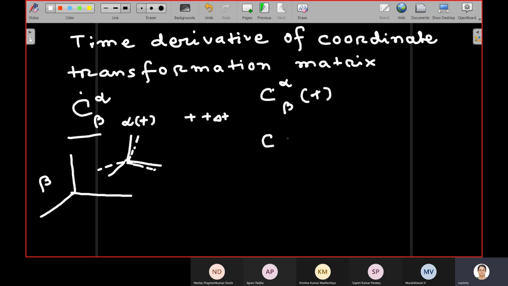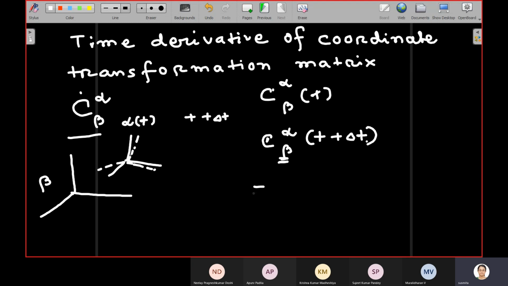And similarly, at t plus delta t, we have another transformation matrix. So this is the coordinate transformation matrix from beta frame to alpha frame at t plus delta t.